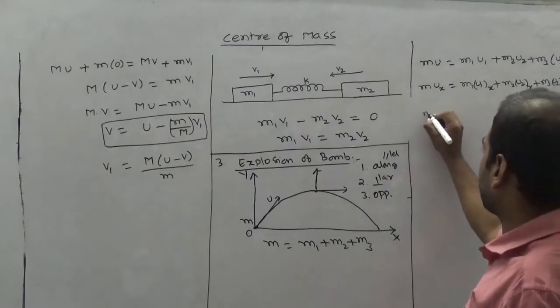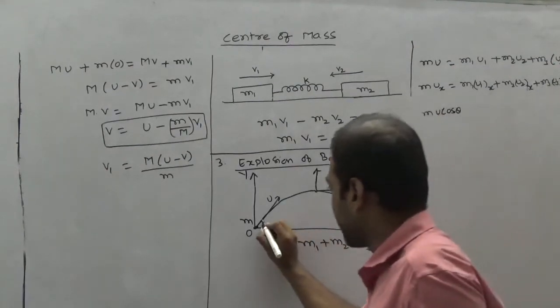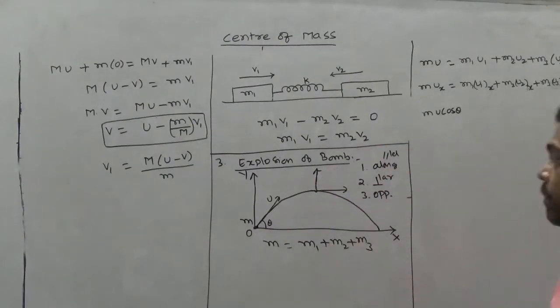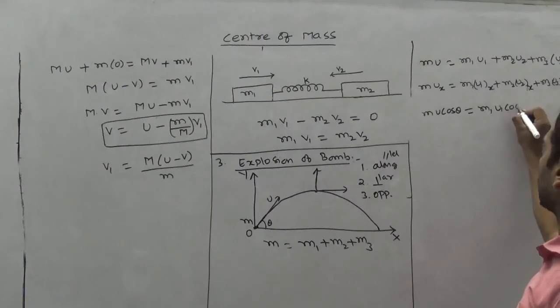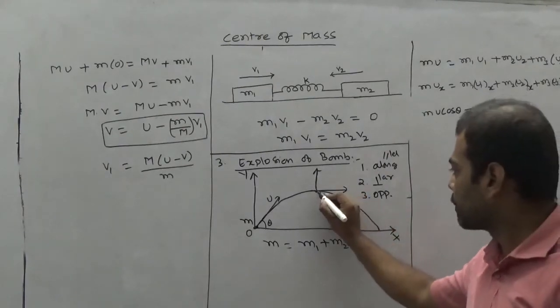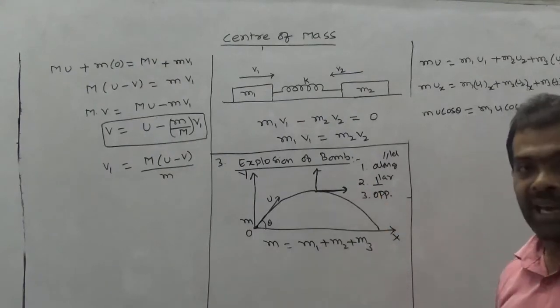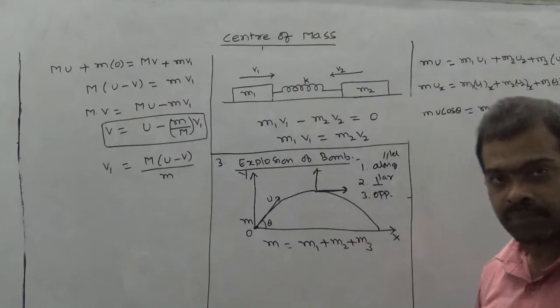Now I can write m into u cos theta, where theta is the angle of projection. So I can write m1 u1 cos theta plus, at the highest point we have only the x component, we don't have any y component.